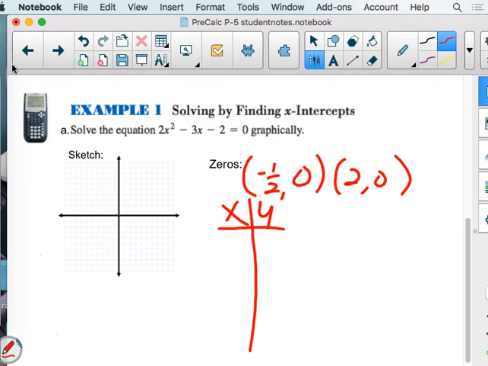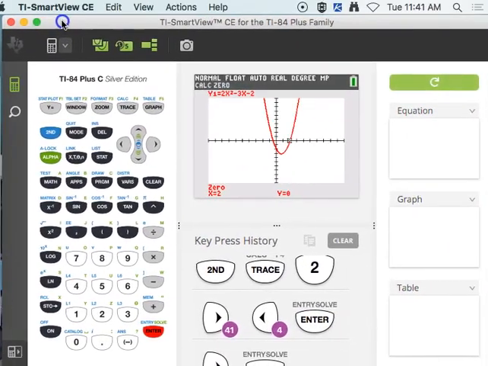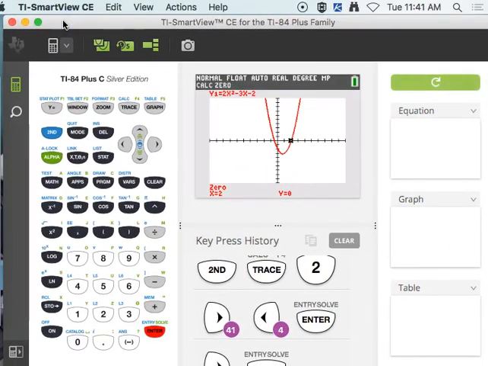So we need to make a table to verify what we know about this parabola. We already have our (-1/2, 0). We need some more. How do we get it to show us the table?